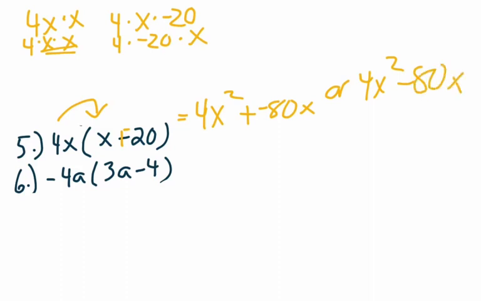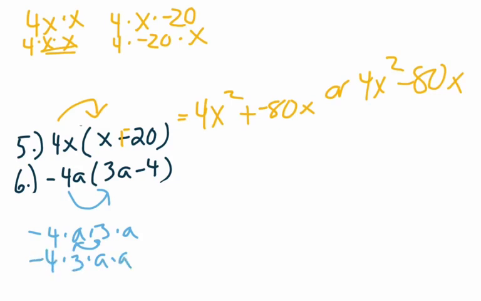On the last one on this page, we have negative 4a times 3a. So that's negative 4 times a times 3 times a. And what I'm going to do is use the commutative property to switch those two around. Negative 4 times 3 times a times a.